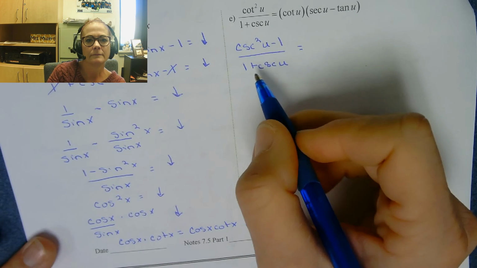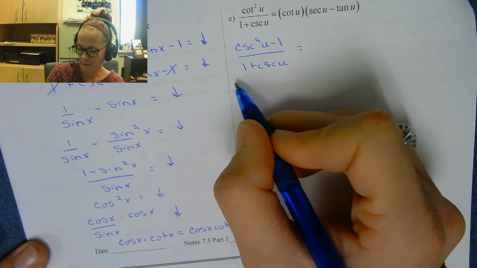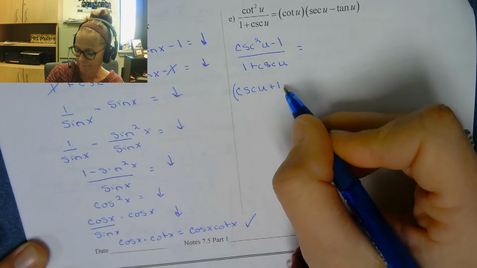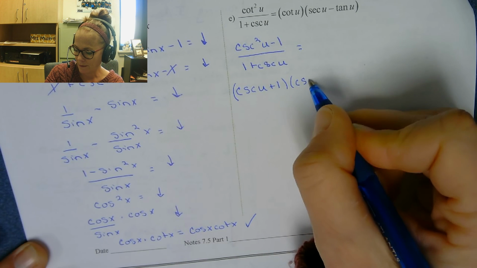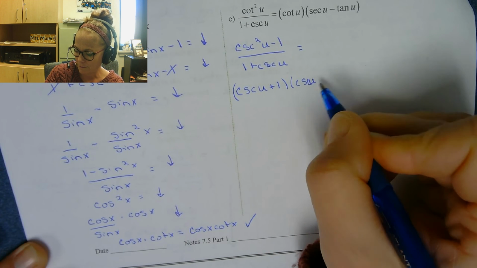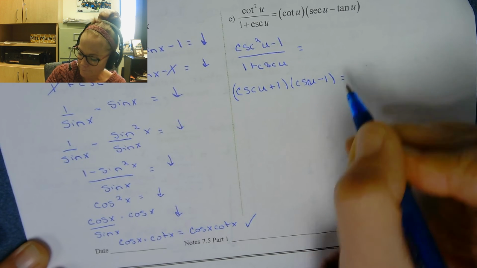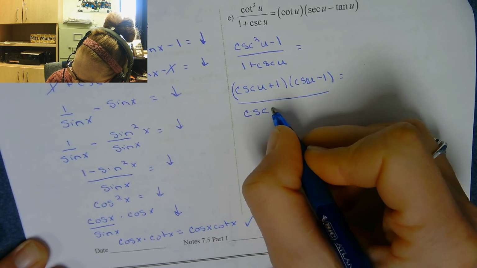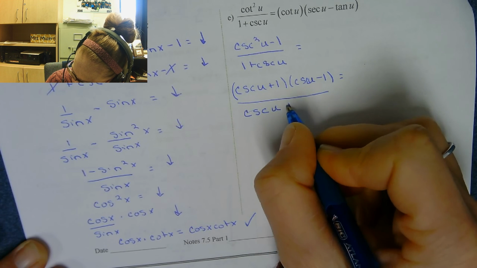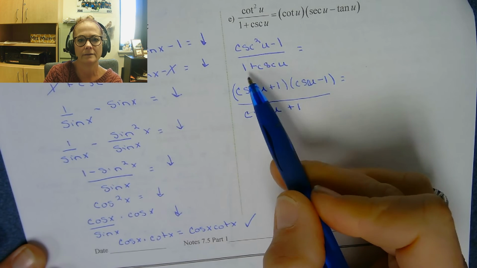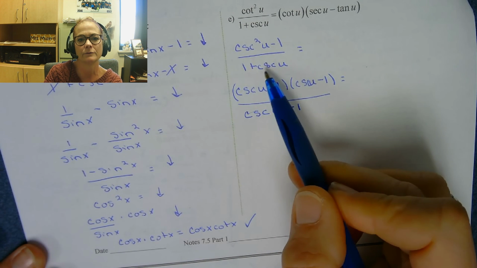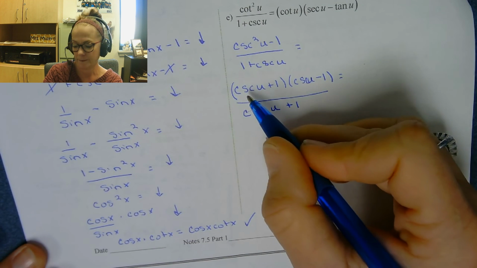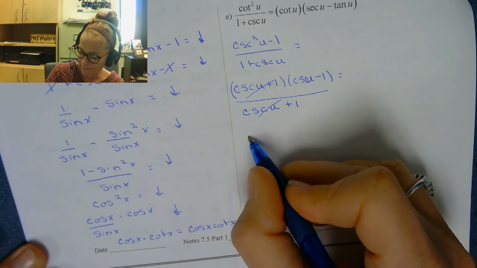So that's going to clear this up a little bit. I can factor this into cosecant of u plus 1 times cosecant of u minus 1. Okay, so I did the commutative property of addition there and just wrote cosecant u in front and 1 at the bottom, so I can see this nice cancellation there.